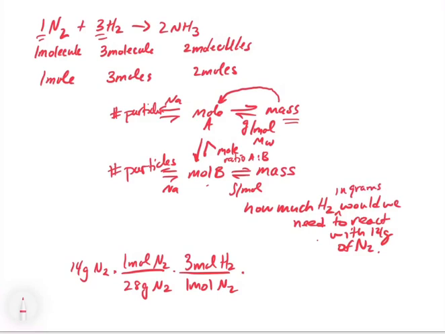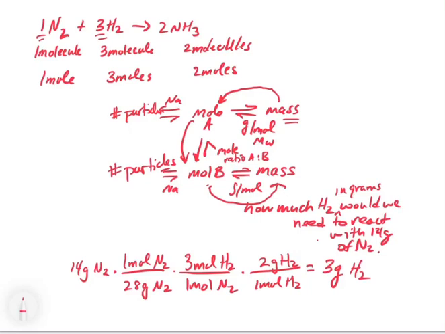So now that I have moles of hydrogen, I can follow my conversion here. First we went from mass to moles, then we went from moles of A to moles of B, and now we're going to go from moles of B to mass. So from here I can say, for every 1 mole of hydrogen there is 2 grams of hydrogen, and I get that from the periodic table. So if we do 14 times 3 times 2, and then we divide by 28, that's going to give us 3 grams of hydrogen.